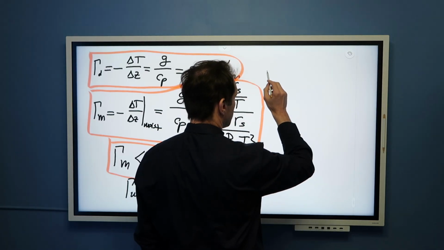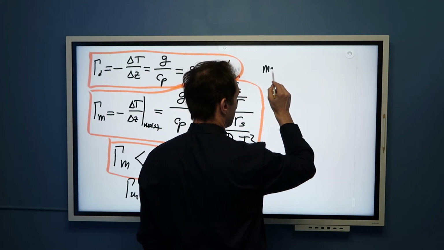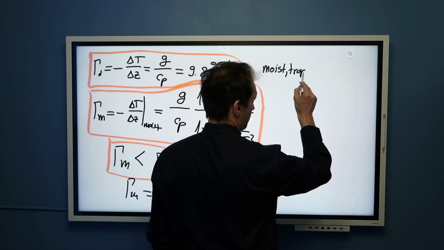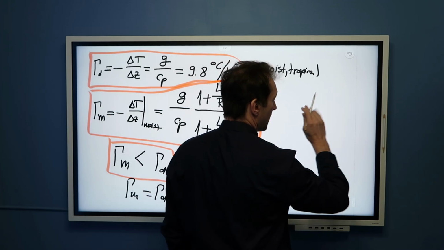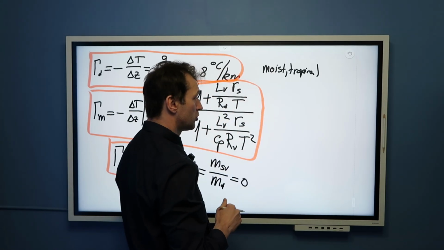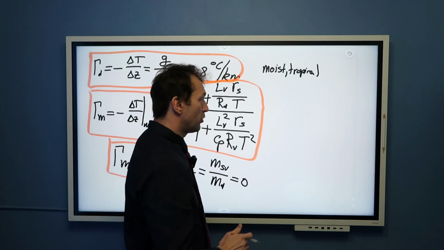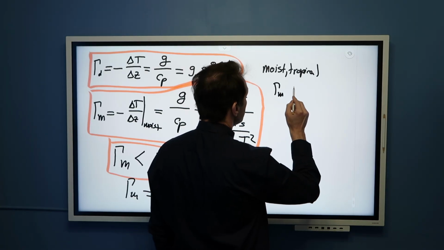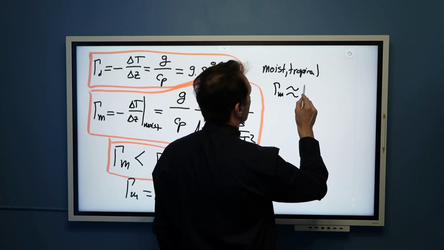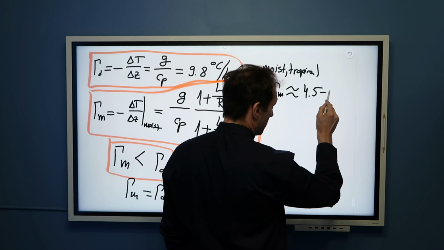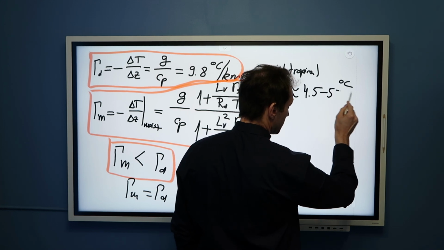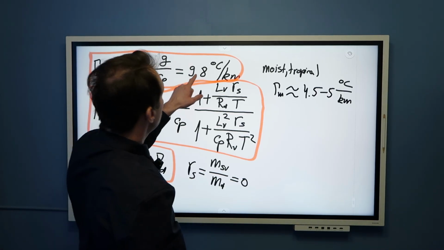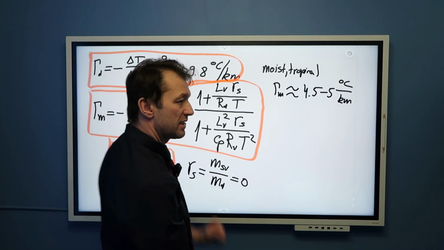And typical values, if you have very moist tropical air, and we saw in my previous videos on humidity that tropical air is very moist air, then in that case gamma m is usually between 4.5 to 5 degrees Celsius per kilometer. 2 times smaller than the dry adiabatic lapse rate.